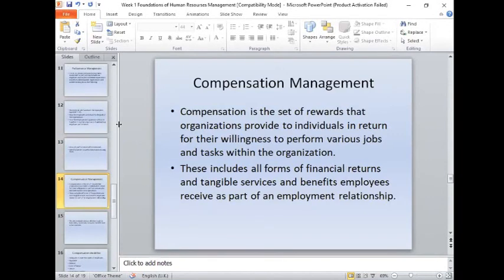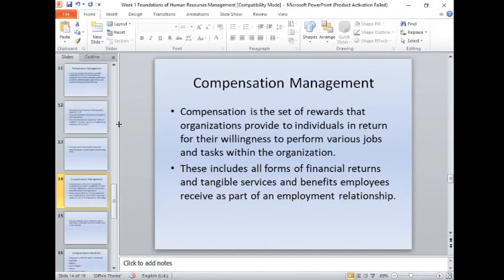And of course, the critical part of HR management is compensation. It is part of the HR plan to establish a salary structure of the organization based on the ranking of the employees and their performance.